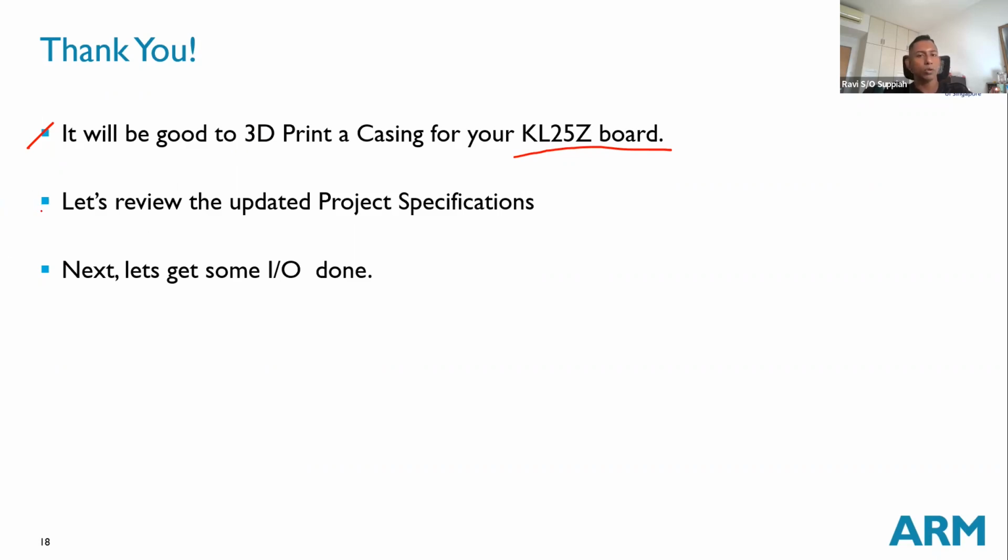Now, let me go through the product specifications update, and then I will talk about the lab one, or what you need to do for this week. Just give me a minute here.